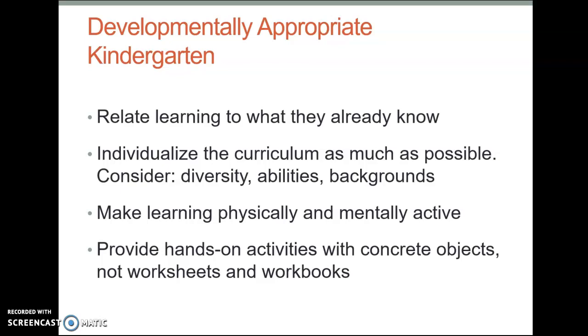We think about what development they have already gone through. We think about their likes and their dislikes, and we focus on things that they're interested in. We connect what they're learning today with what they have already learned.